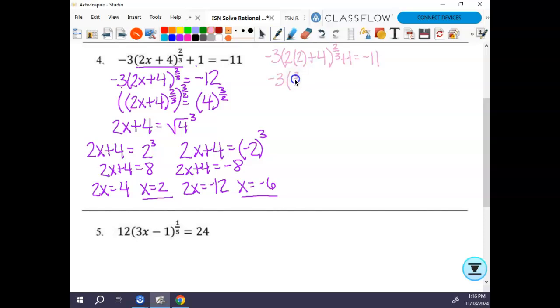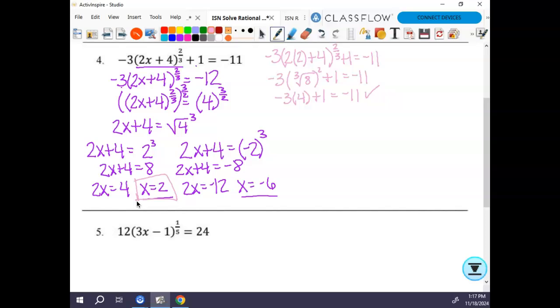So this is like the cube root of 8 squared plus 1 equals negative 11. Cube root of a positive 8 is 2. 2 squared is 4. So I'm going to get negative 3 times 4 plus 1 equals negative 11. I think we can see that that's going to be true. Clearly, I'm going to have negative 12 plus 1. So I feel good about that. So I like this one.